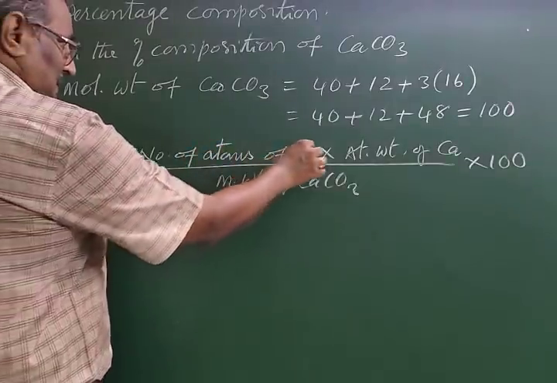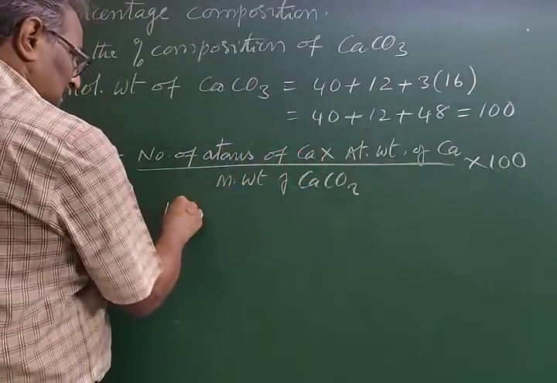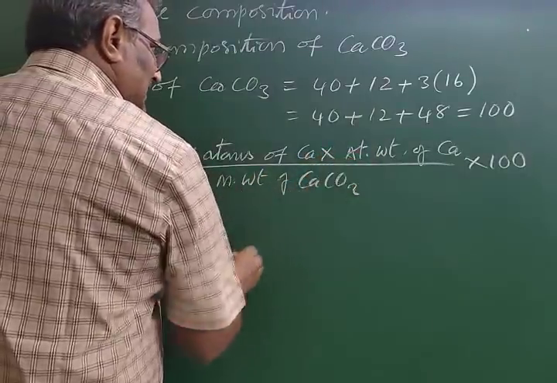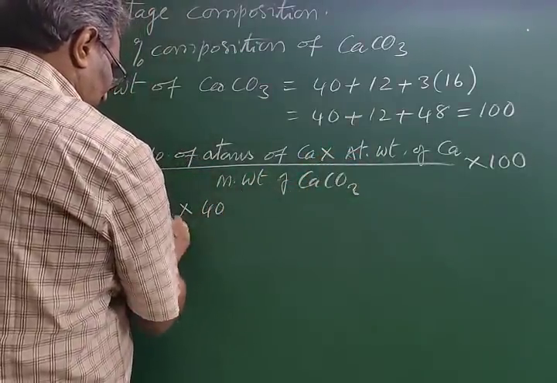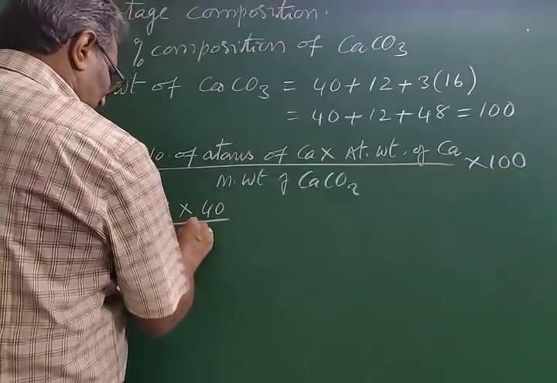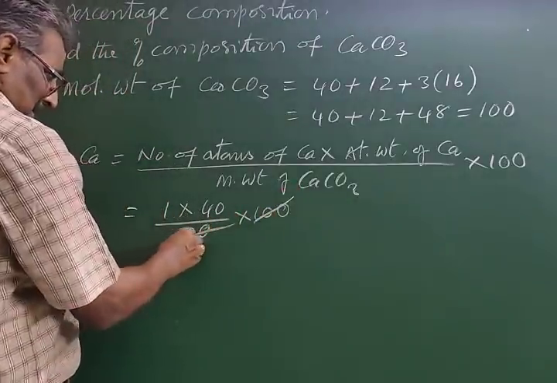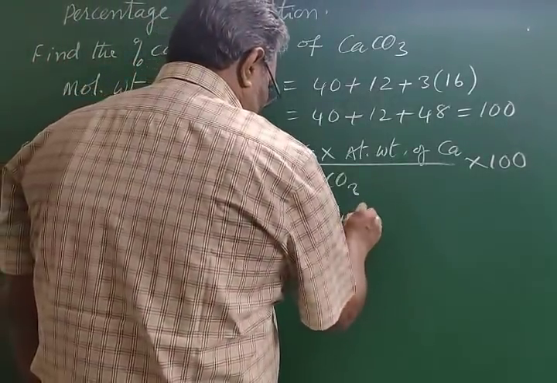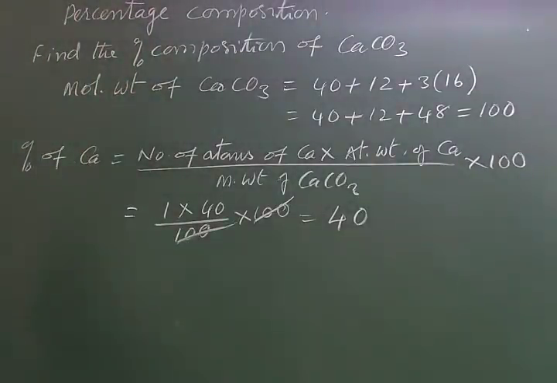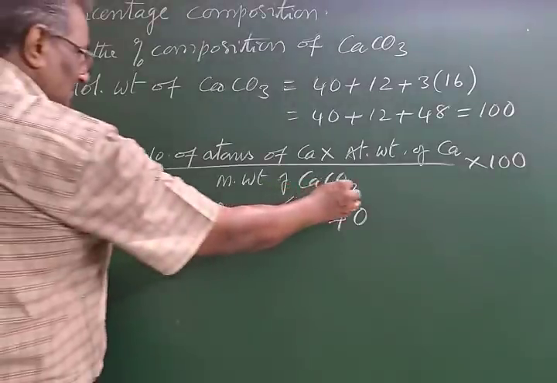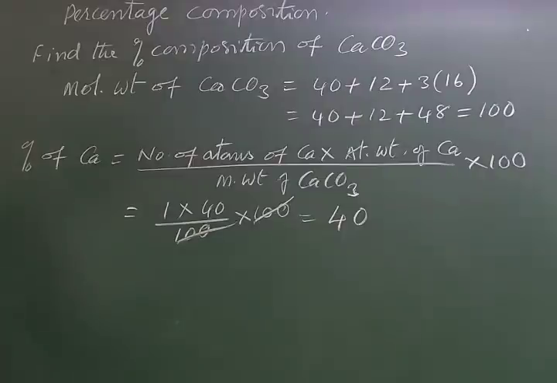Number of calcium atoms present in calcium carbonate is 1 into atomic weight of calcium is 40 by molecular weight of calcium carbonate is 100 into 100. 100 and 100 will be cancelled, so it is 40. So how much percentage of calcium is present in calcium carbonate? 40%. That means 100 grams of calcium carbonate contains 40 grams of calcium.